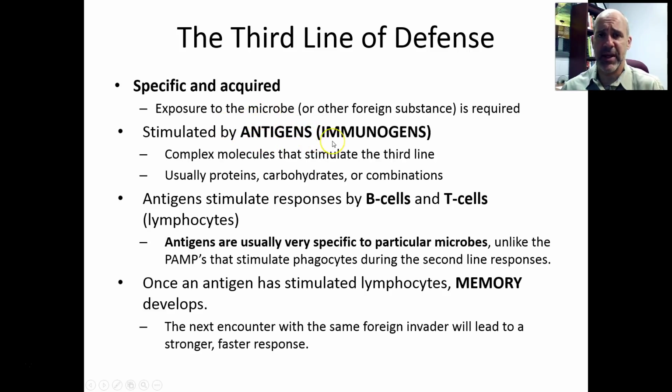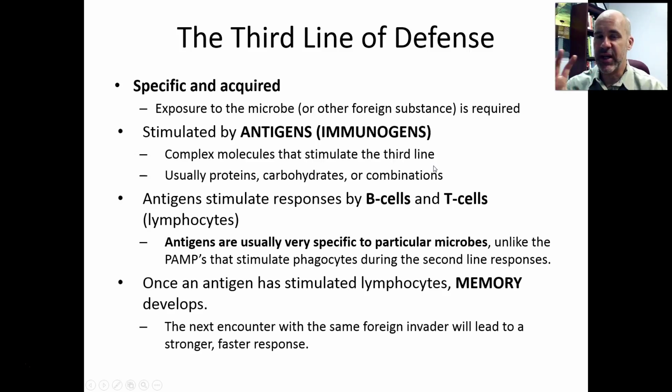So you guys need to start thinking about antigens are on the invading microbes. That's something that you are going to respond to, your immune system is going to respond to. Some of the terminology sounds alike as you go through this branch of the immune system, as you guys will see. So these are going to be complex molecules.